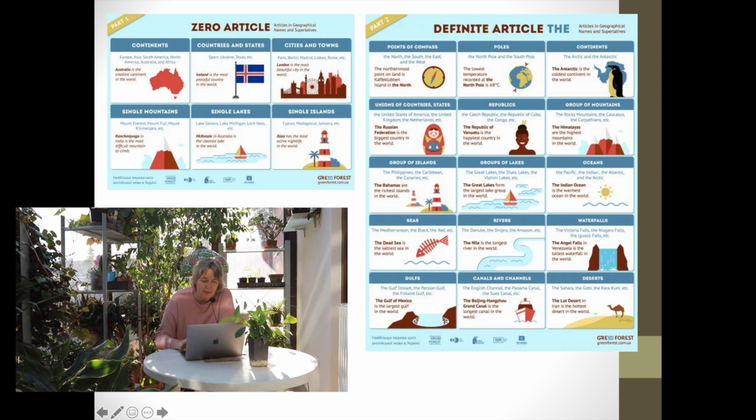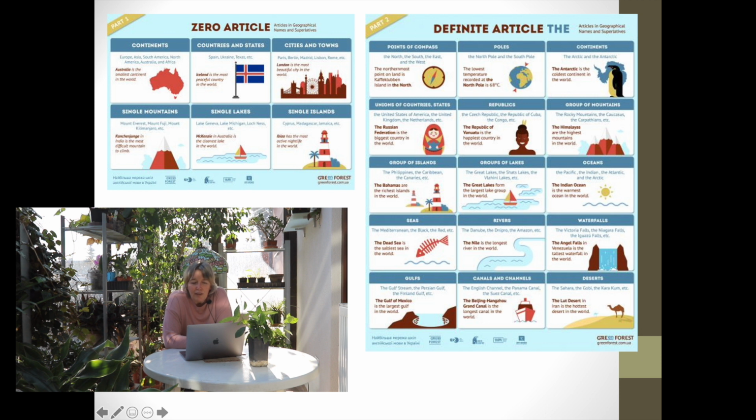So there are some places which use zero articles, so you don't use the article, like continents, countries and states, cities and towns, single mountains, single lakes, single islands, with some examples here, and a slightly larger table with places that require the definite article, so the.